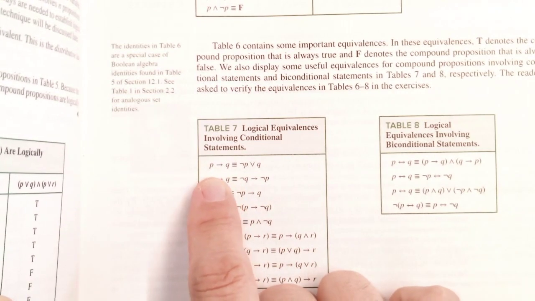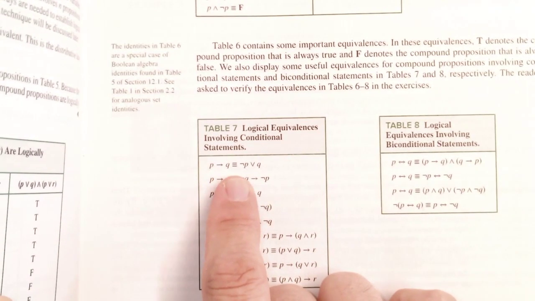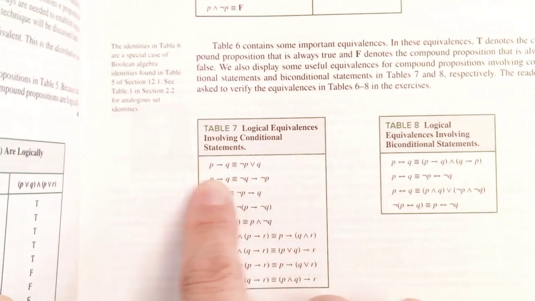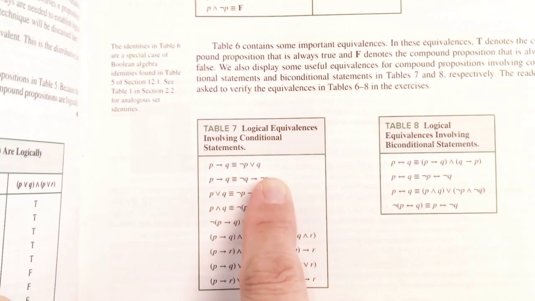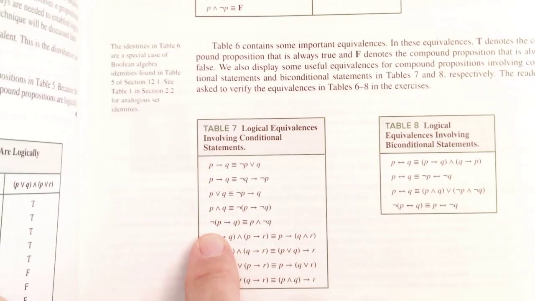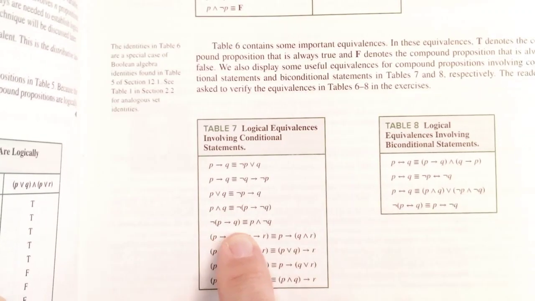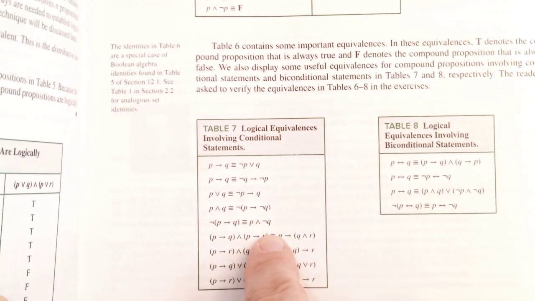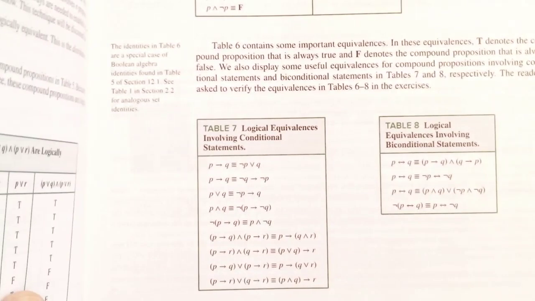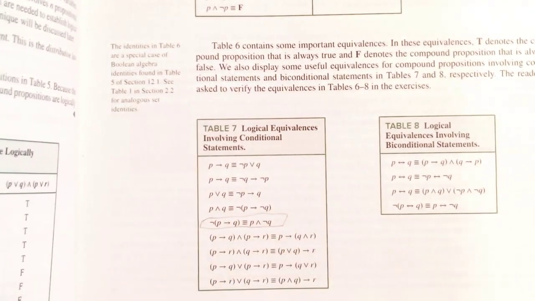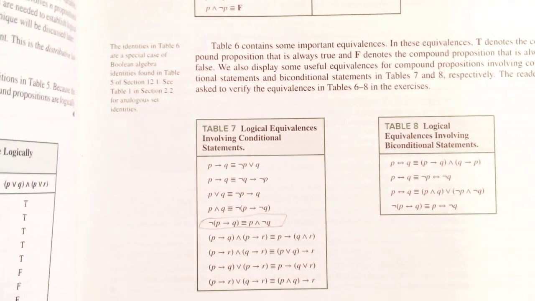If P then Q is equivalent to not P or Q. That one is going to be useful to us, as well as this 5th one. The opposite of if P then Q is P and not Q. Put a little star by this one. This one's going to come back to us again. That one is kind of important.